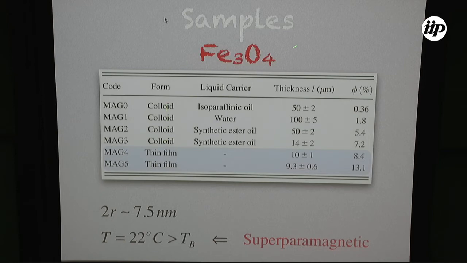The particle is always the same. Here we have the sample in a liquid carrier which is an oil, different types of oils, so a non-polar liquid carrier, and a polar liquid carrier here. So all of them, in principle, if you are investigating the particle itself, should give us the same information, because you are looking basically at the same type of particle.